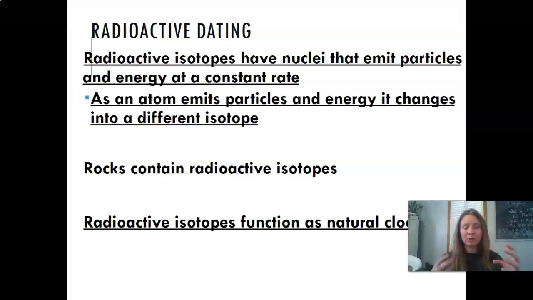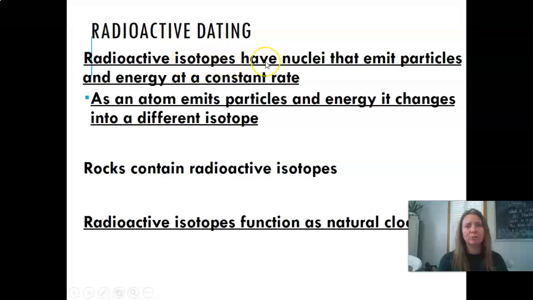Protons and electrons are really important because those are kind of like the element's DNA. If we take away a proton or electron, that completely changes the element. But radioactive decay allows for that neutron to be released out of the nucleus, and then we can see a different type of weight or mass, an AMU, if you've taken chemistry. That's going to allow us to figure out what's actually happening with that element.